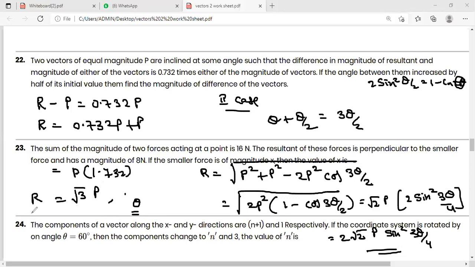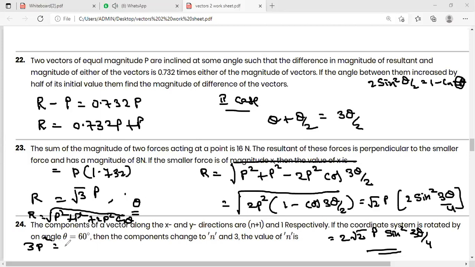R is equal to, here you can write, R equal to root over P square plus 2 P square cos theta. Then the R value is root 3 P only, na? Then by taking square on both sides, 3P square equal to P square plus 2P square cos theta.